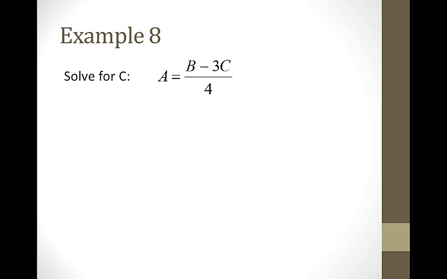All right, welcome back. Solving for c. Put a little box around the c. Before I can begin moving these guys, I've got to divide through by 4. Sorry, I'm dividing through by 4, so I undo division with multiplication. 4's cancel out. So I have 4a equals b minus 3c.